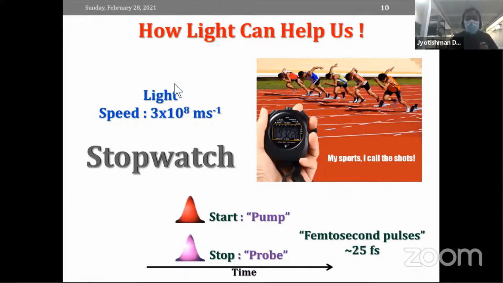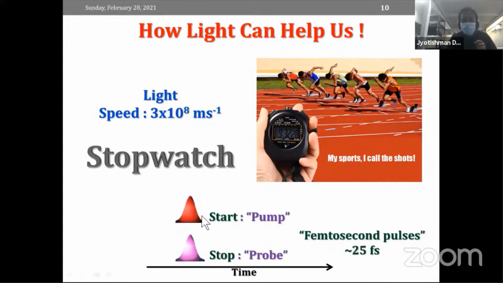So using light, I can create a light packet, or a light event, which I will call a pulse, which will be a femtosecond event. That means my light stays for 25 femtoseconds, and that gives me a handle to create a stopwatch. So how am I going to do it?